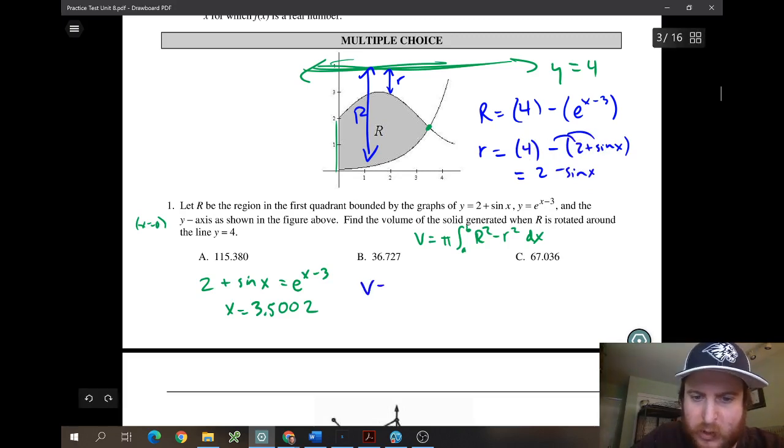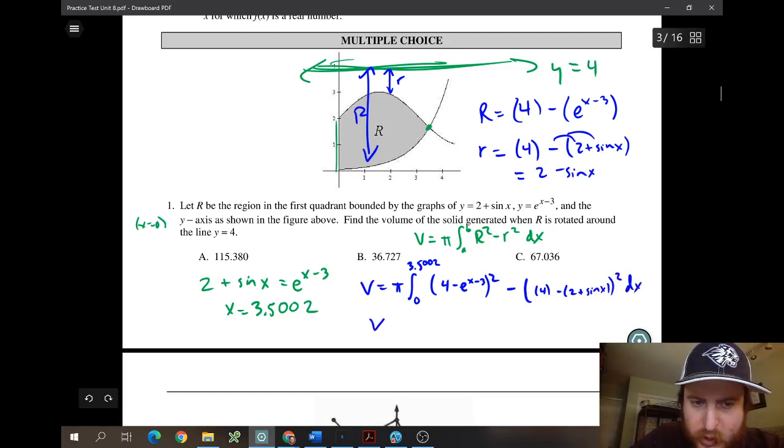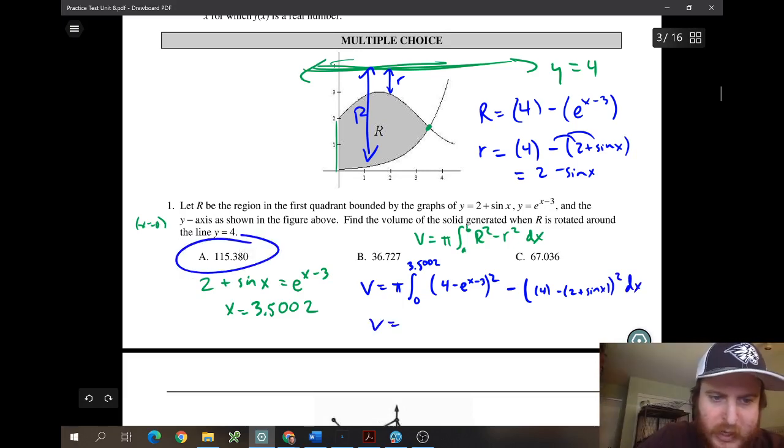So you get volume equals pi integral from 0 to that 3.5002 of 4 minus e to the x minus 3 squared minus, now you can either put 2 minus sine x like I did, or you can do 4 minus 2 plus sine x. Just make sure you have the double parentheses there, squared dx. When you type that into your calculator, you'll get choice A.